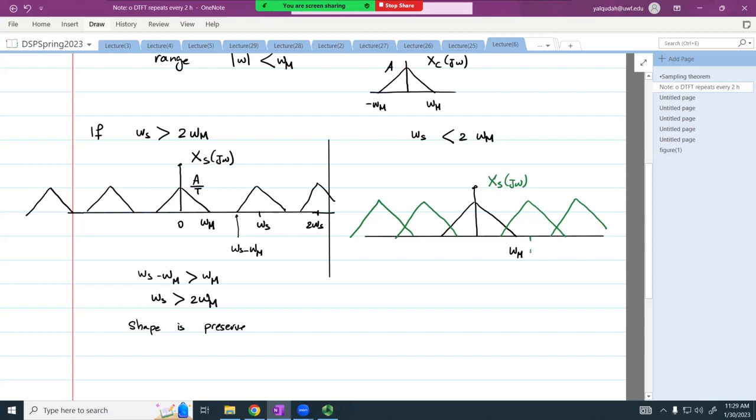So this is still omega s, this is omega m, and this is the case when omega s minus omega m is less than omega m. This point here, which is omega s minus omega m, is less than omega m.